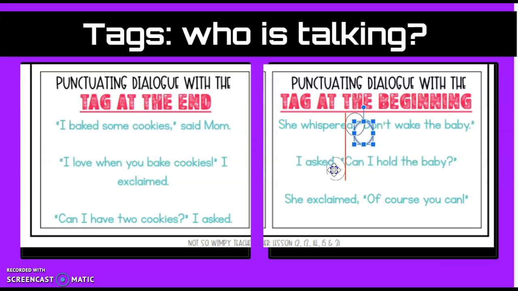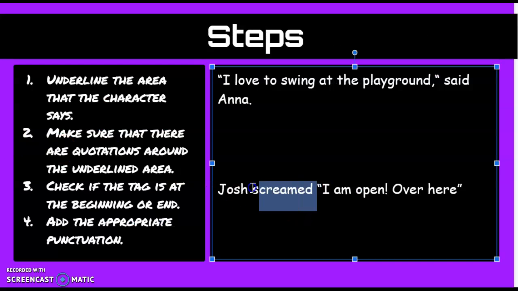In the second sentence, I asked, comma, and then what they said. And at the very bottom, she exclaimed, comma, and then the quotations. So my tag, who said it, is at the beginning. So I'll add a comma. Remember, commas always like to be attached, so there's no space between screamed and the comma. And then my quotations.